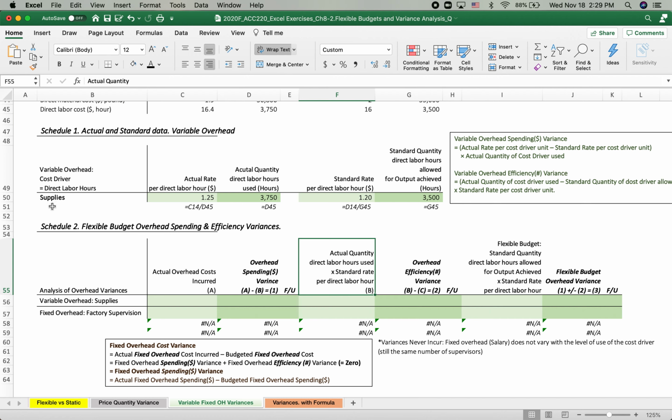Then the flexible budget overhead spending and efficiency variances. We haven't analyzed the actual and standard data of the fixed overhead at this point because, as we discussed in class, the variance calculation for fixed overhead is relatively easy.